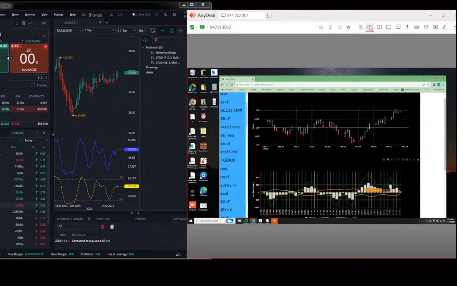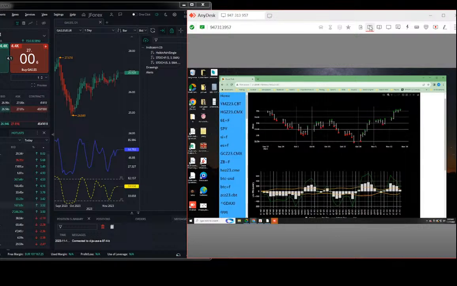So that's 3, that's 6, that's 9, that's 12, and 12 and 2 is 14 days. 14 days in a daily buy. Wow.